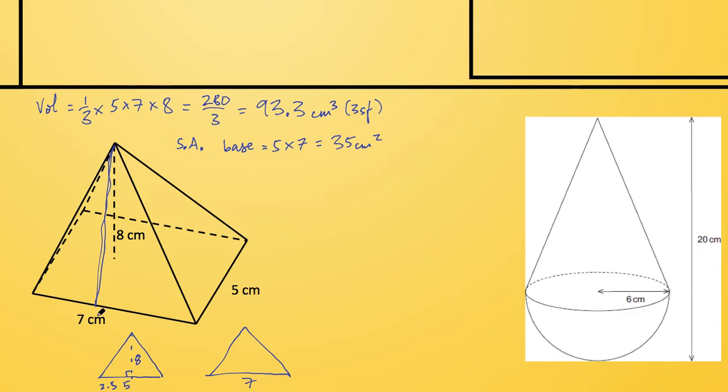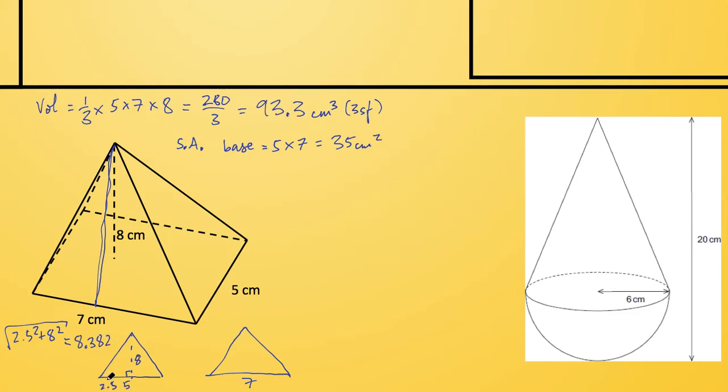So 2.5 squared using Pythagoras plus 8 squared. And square rooting the answer, giving me, I'll just call it 8.382.